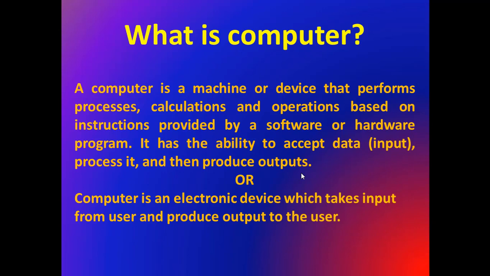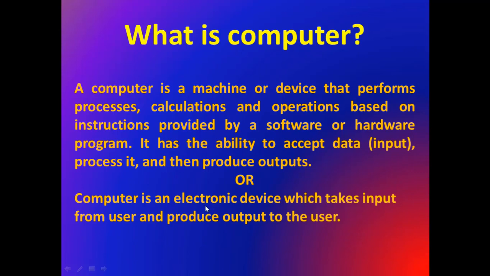If we are discussing the computer, first we all have to know what a computer is. There are two words here: one is input, second is output. A user gives instructions to the computer, which is the input.